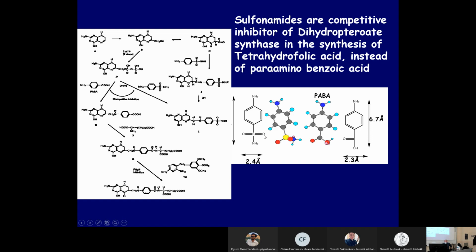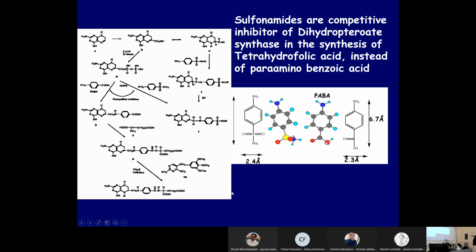The chemical structure of this compound is very similar to the chemical structure of the substrate, para-amino-benzoic acid. You see the dimensions are more or less the same. Also, the chemical properties are more or less the same.